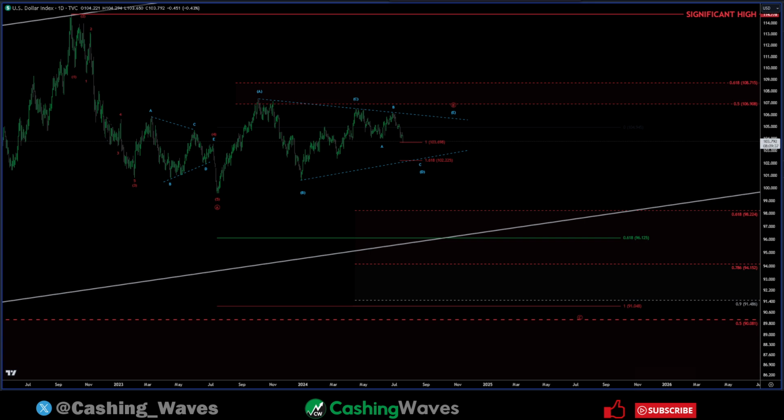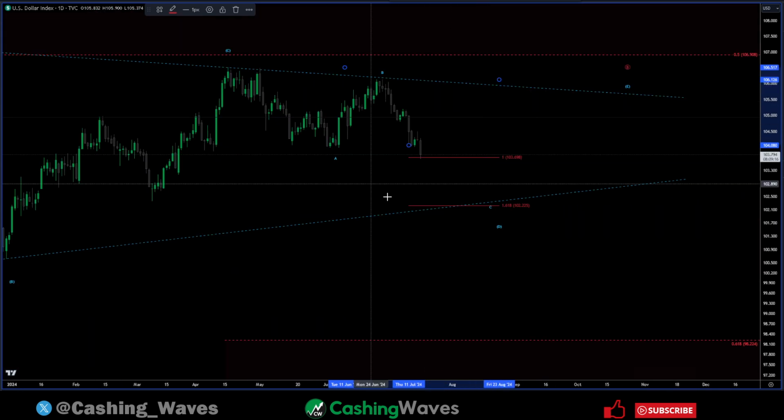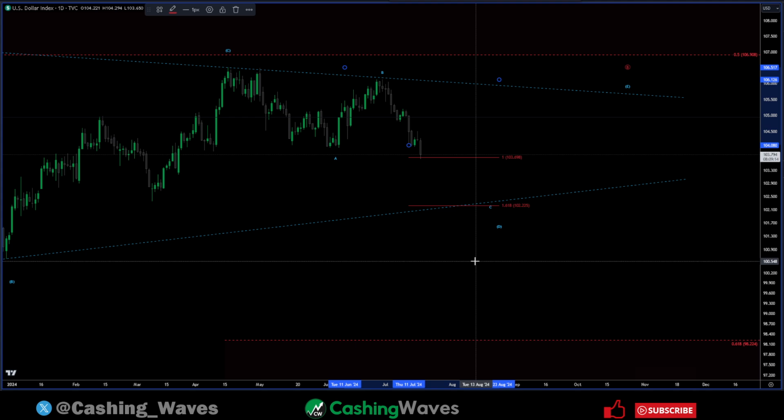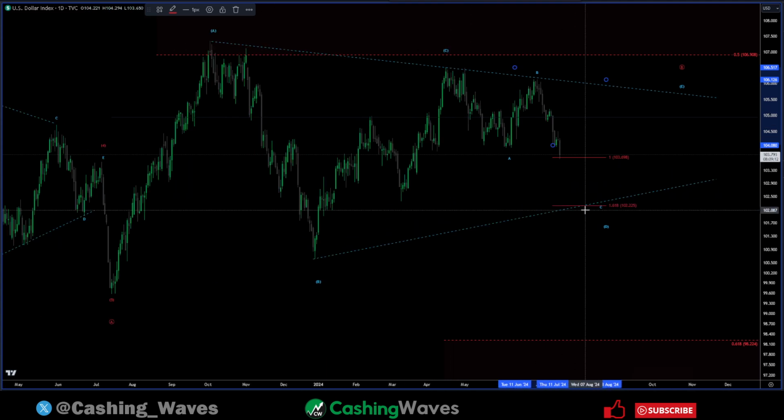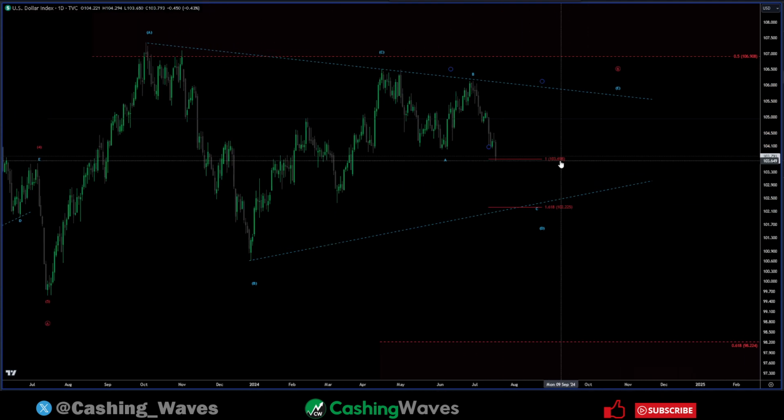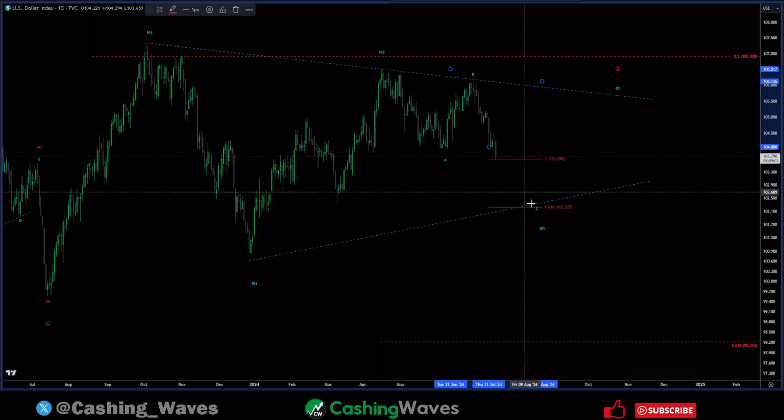Now, a couple of notes about triangles. C waves in triangles are usually the longest lasting and usually the deepest, but that can also be the D wave. So I'm paying attention to how this pans out. One thing you'll note, I have these extensions on here: for this D wave to reach a reasonable target, just for the right look in a triangle, we need to extend to the 1.618 of the A wave.